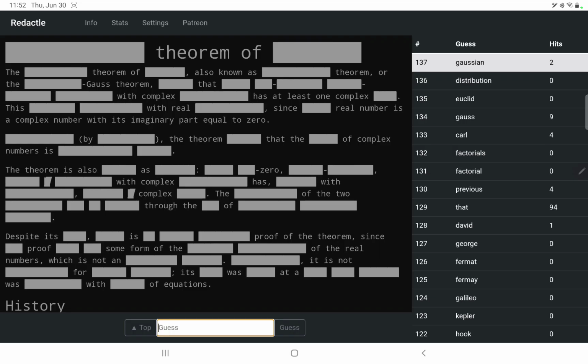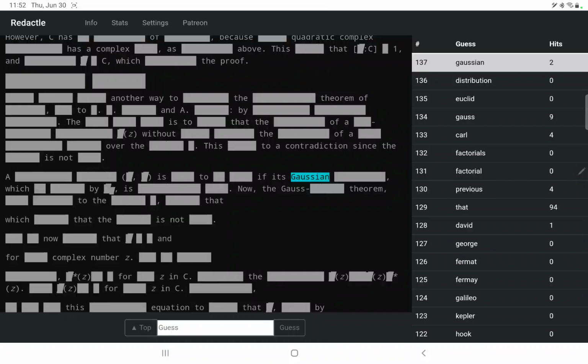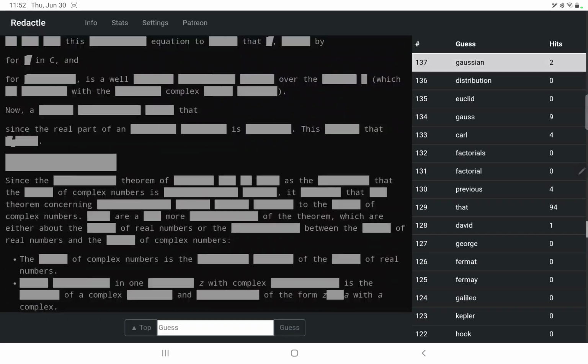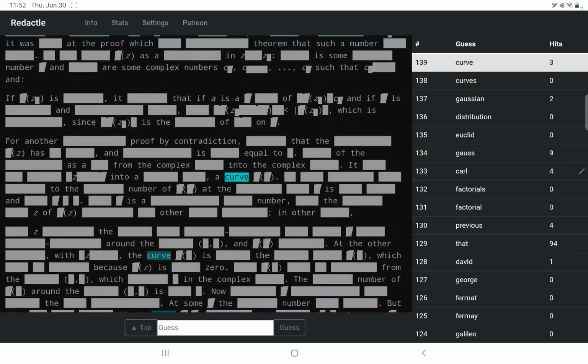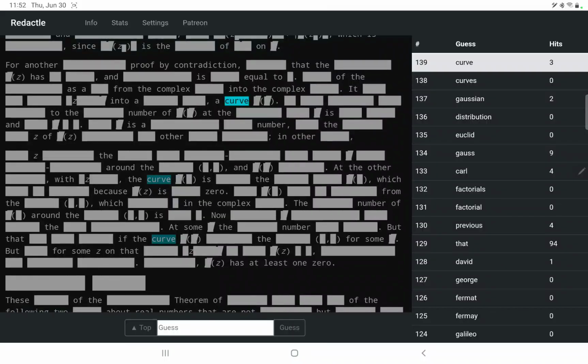Let's see if that is mentioned twice. If it's Gaussian something. Oh, and here it's interesting, the Gauss dash something, so his name comes first down here. Let's try curves. No. How about curve? 3 curves. The curve, the curve, the curve. So all 3 are right there together.